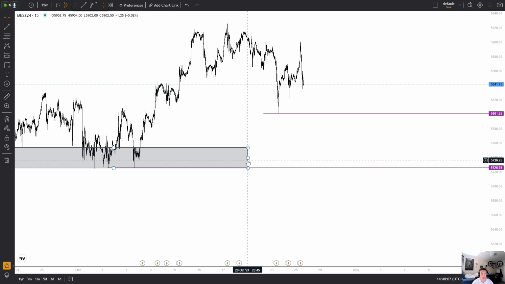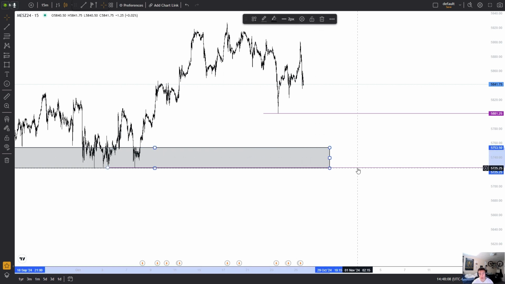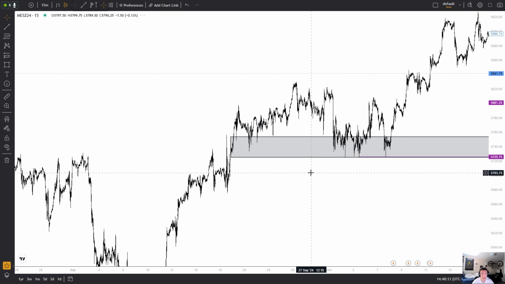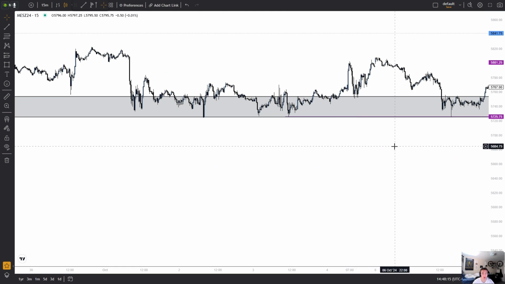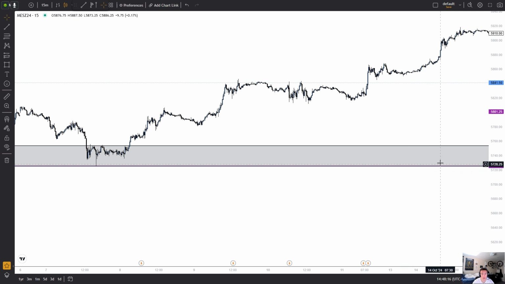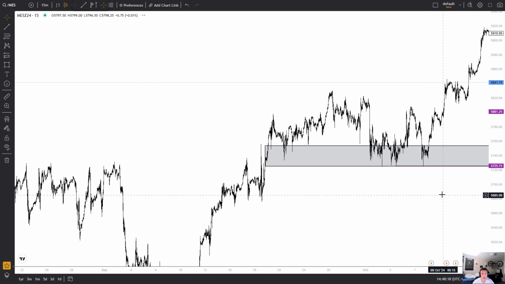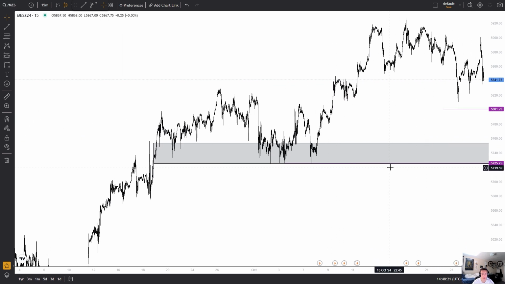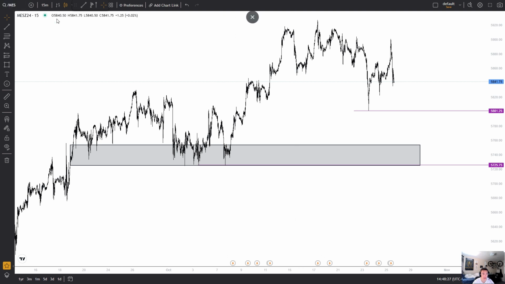So we could be looking for price action to move down all the way to 57.50. That is a very rough prediction. 57.50. We have a lot of orders and liquidity down here, so 57.25 is completely possible.